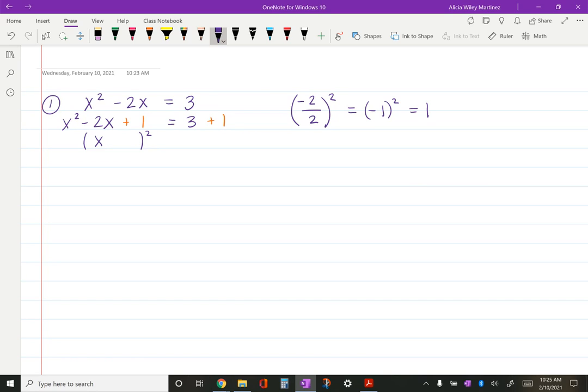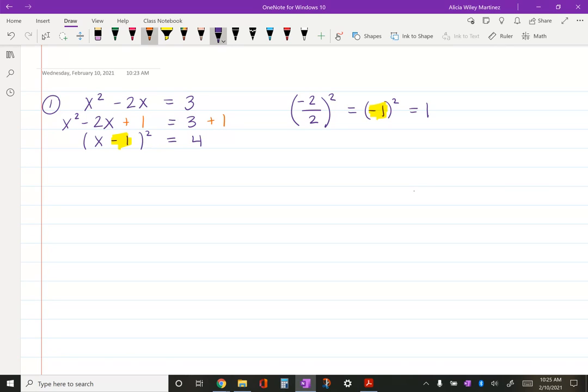So in a binomial squared, that's x. And then it's going to be minus 1. Remember that this value here will always match up with that number here. So that's a really good way to quickly factor it. Bring down the equal sign, simplify the other side to 4.